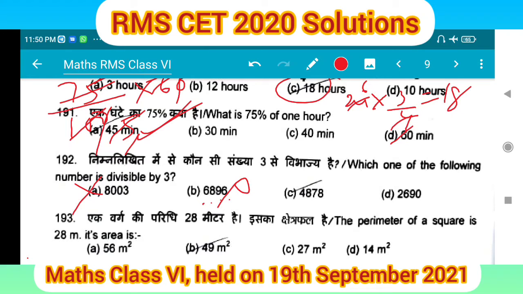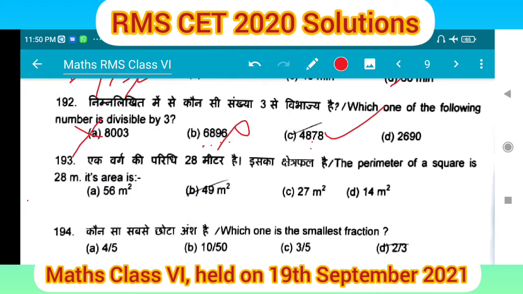Okay, and the next number, 4878. 8 plus 7 is 15, plus 8 is 23, plus 4 is 27, 27 is divisible by 9. Yes, it is divisible.